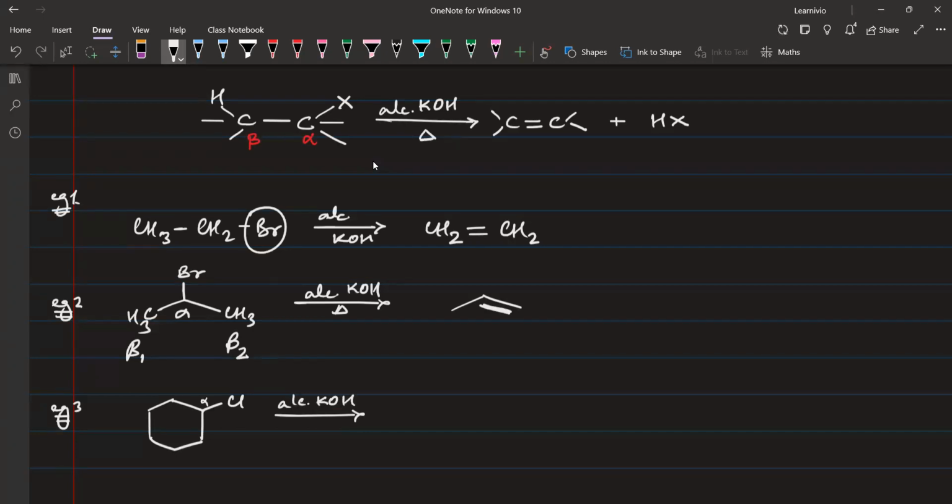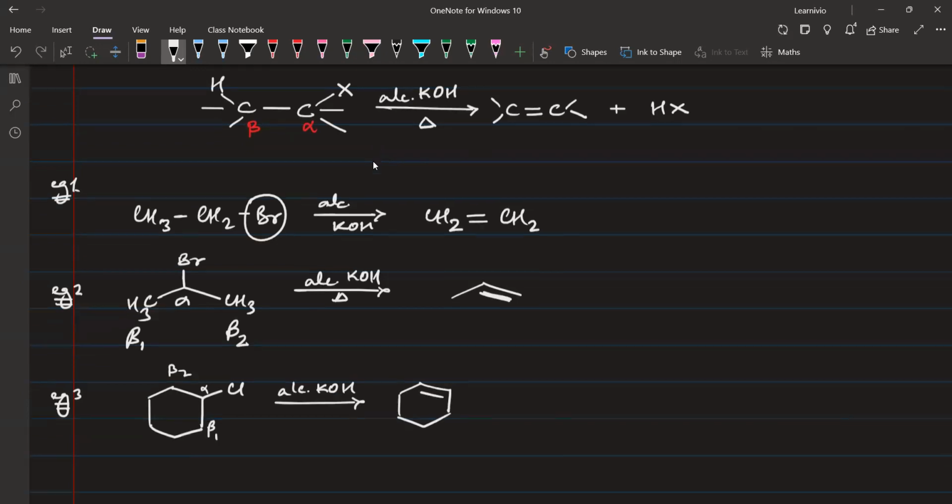ठीक है? तो यहाँ पे आपके पास alpha, ये आपके पास beta 1, ये आपके पास beta 2. In this case, you have removed from alpha, किसी एक के साथ आप double bond बना दीजिए, बन जाएगा. ठीक है?